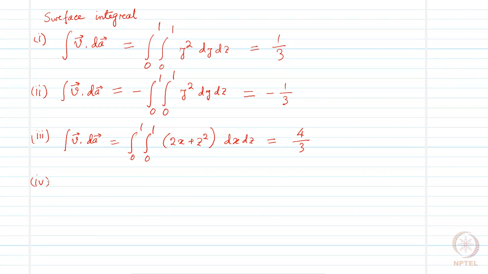Surface 4, let us consider the integral of V dot dA equals minus 0 to 1, 0 to 1, with a minus sign once again for the opposite sense of the direction of this surface, and here it is z square dx dz.